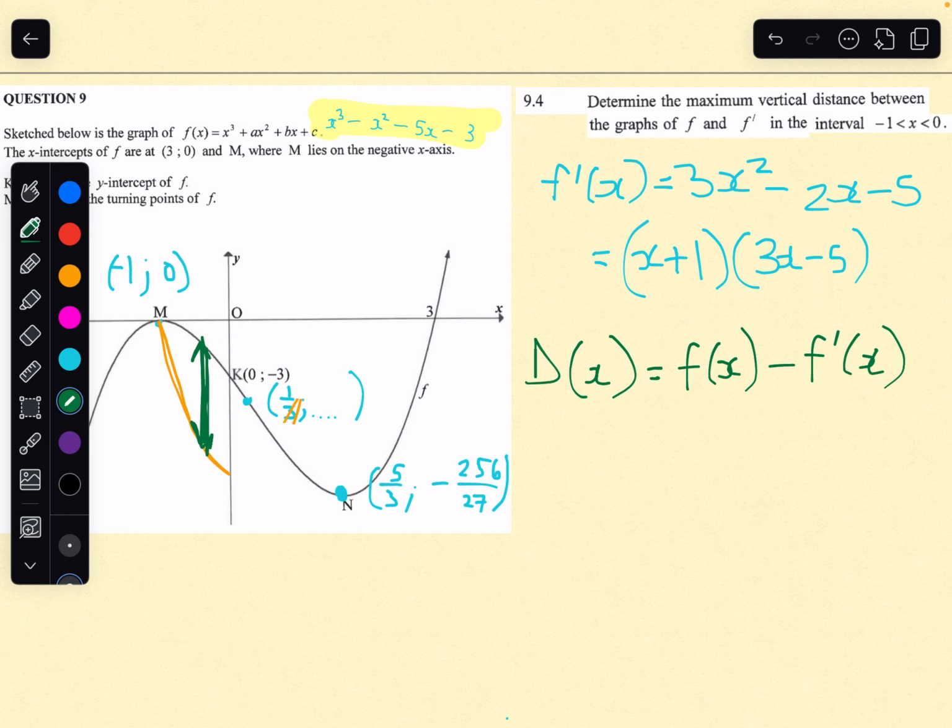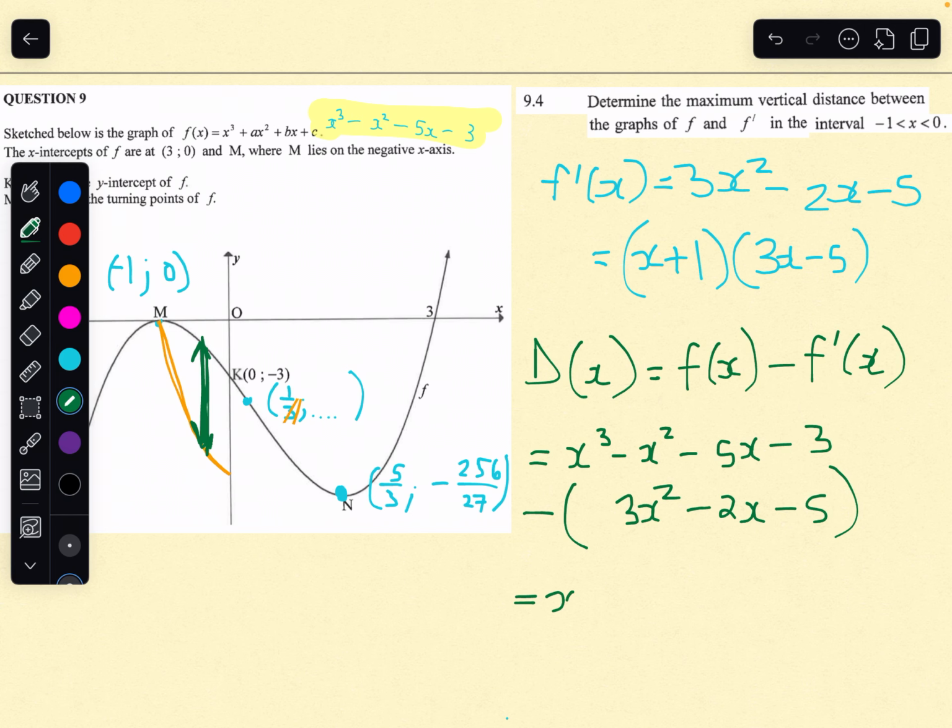So that will be x cubed minus x squared minus 5x minus 3 minus 3x squared minus 2x minus 5. So that is x cubed minus 4x squared minus 5x plus 2x, which is minus 3x, minus 3 plus 5.